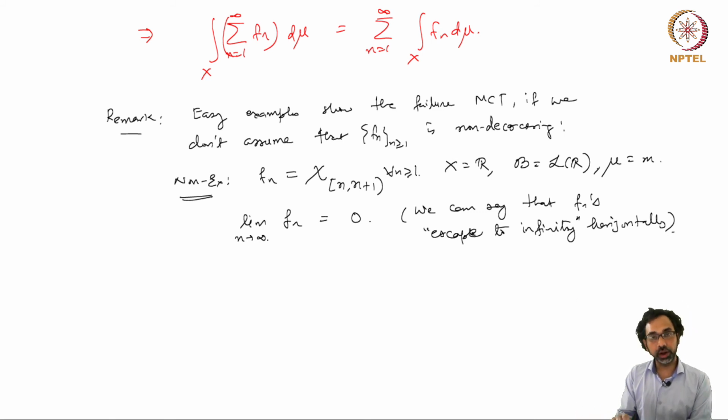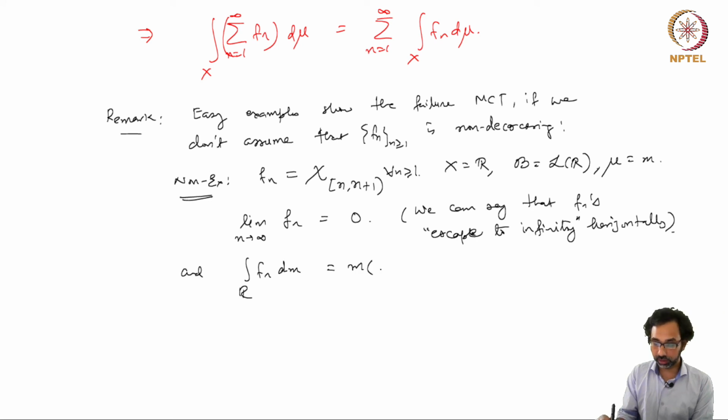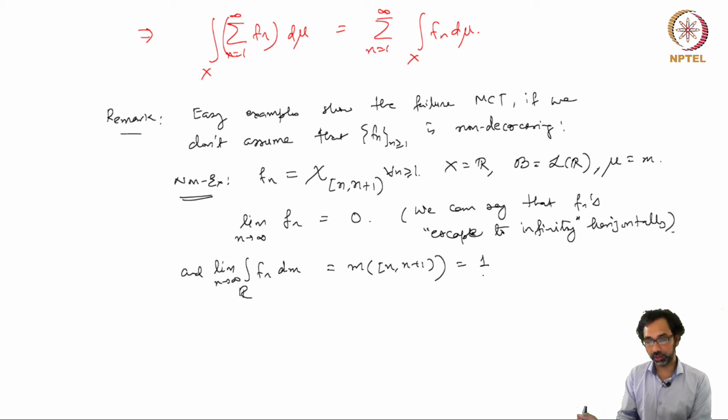So in this case the pointwise limit is 0, and if you take the integral of fn over R, fn dm, this is nothing but the measure of the interval that we have chosen, which is 1. So the limit is also equal to 1.